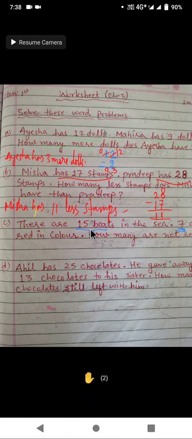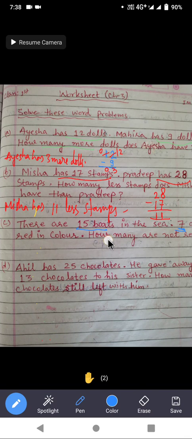So total 15 boats are there. Okay, and how many are red? 7 are red. So take out red boats from 15 boats, then you will get which are not red. Okay, so 15 minus 7 is 8.